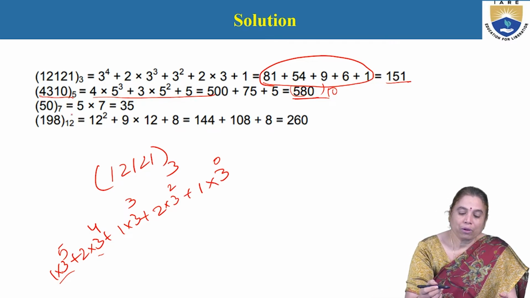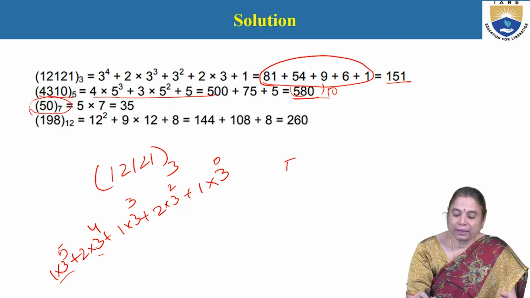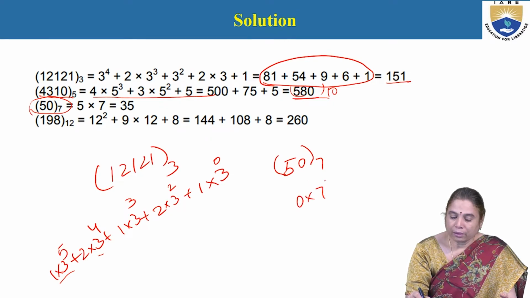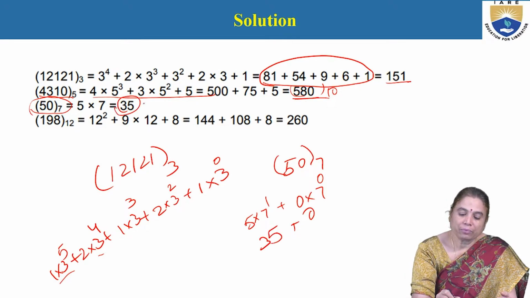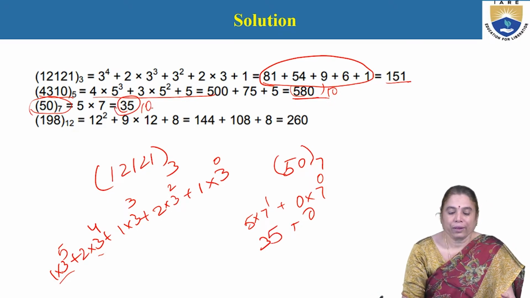Next, 50 is the number represented with the base value of 7. So 0 into 7 power 0 plus 5 into 7 power 1 gives 35, so the decimal equivalent is 35.